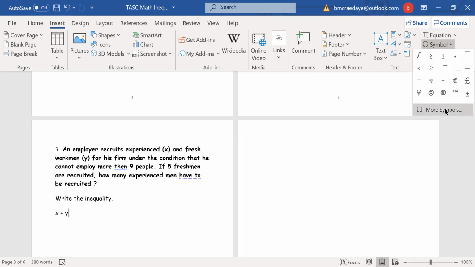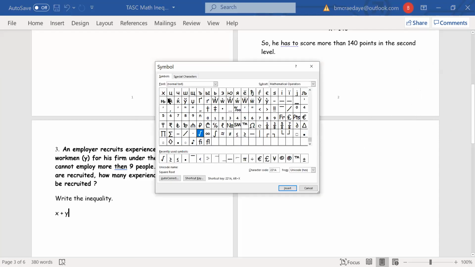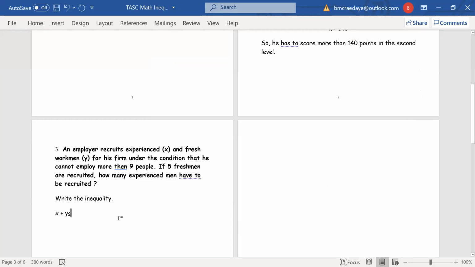Let me find the symbol. Less than or equal. Okay, there we go. So X plus Y has to be less than or equal to 9, right? Yes.